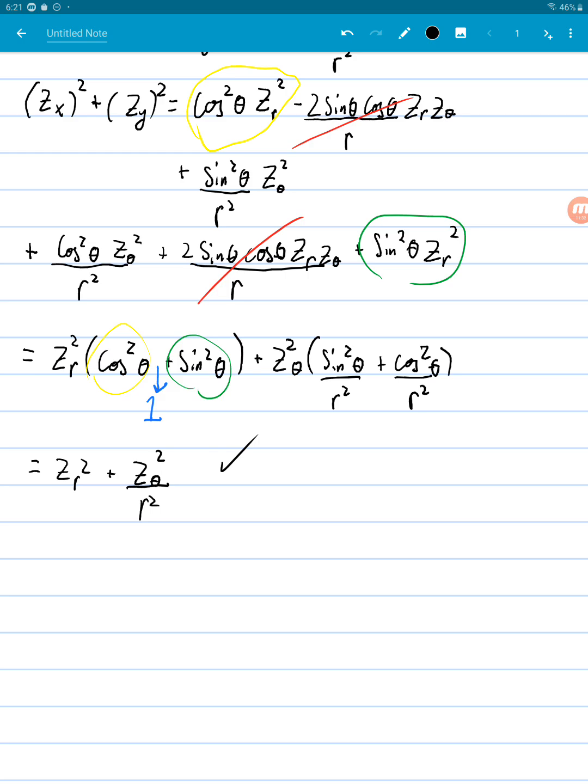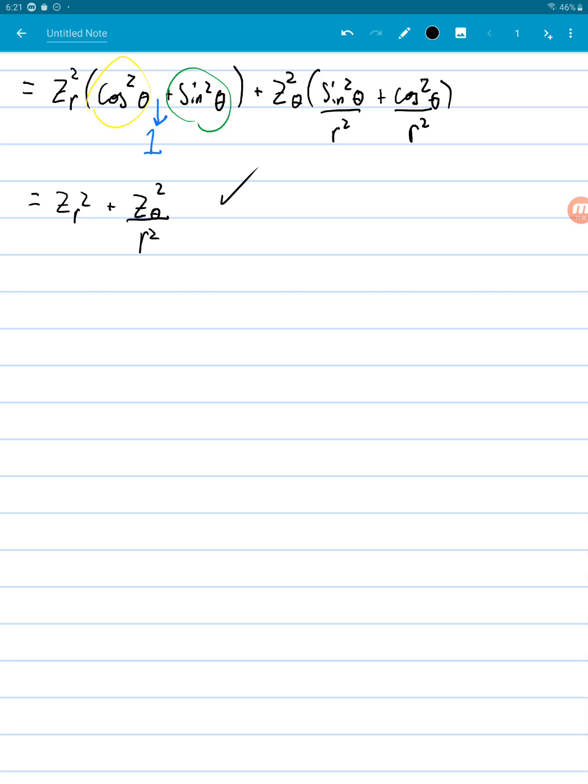Now, part E here is going to be the most challenging part, the part that's going to take the most time.